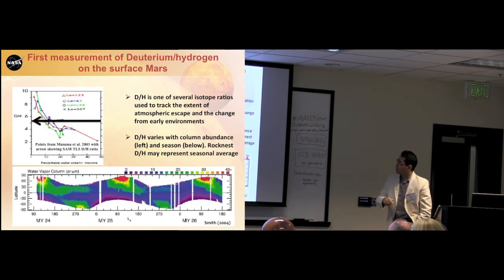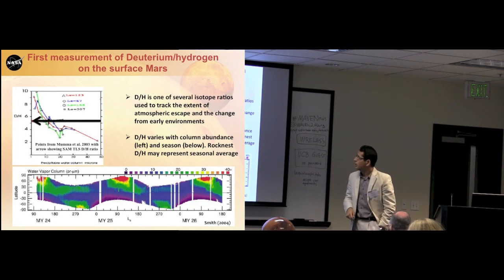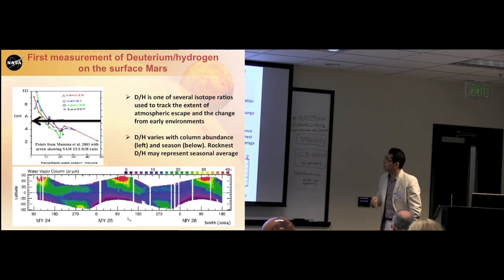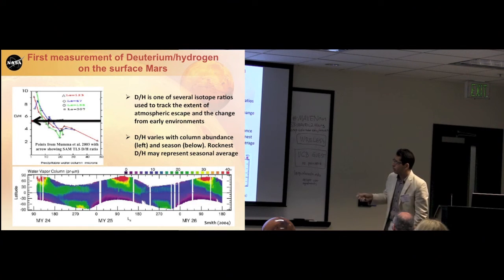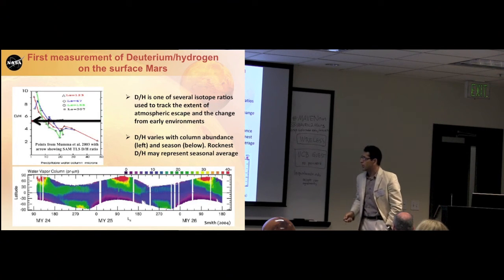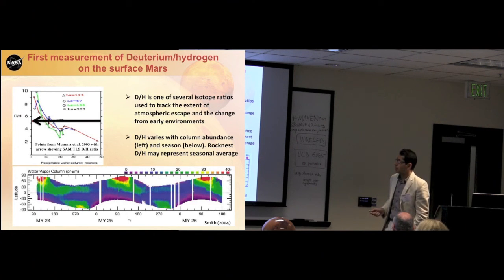The last value, which Nick and Jana talked about a little bit, is the ratio of deuterium to hydrogen. These are the two lightest elements of the periodic table, and they have a mass factor of 2. From Earth observations, we know that the ratio of deuterium to hydrogen varies with the seasons.